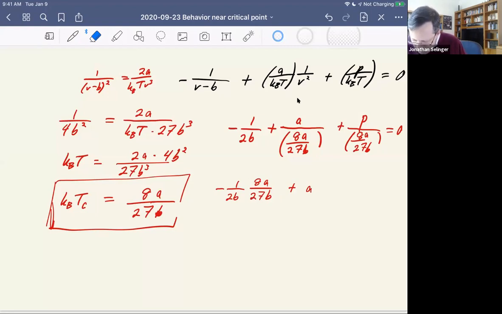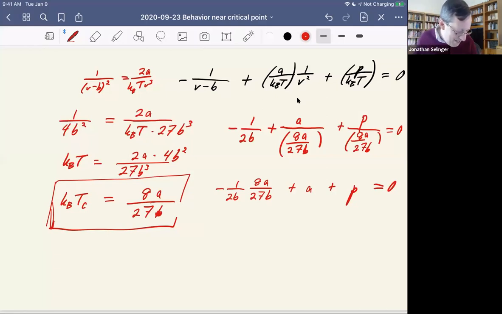Okay. Plus A. What am I doing wrong here? Is there still something wrong? Equals 0. Where did I go wrong? I'm doing it in a different order from in my notes. Well, I guess I better debug this thing. If the temperature is 8A over 27B, that matches what's in my notes.